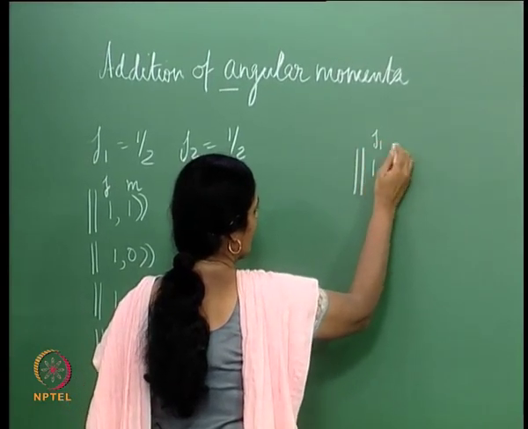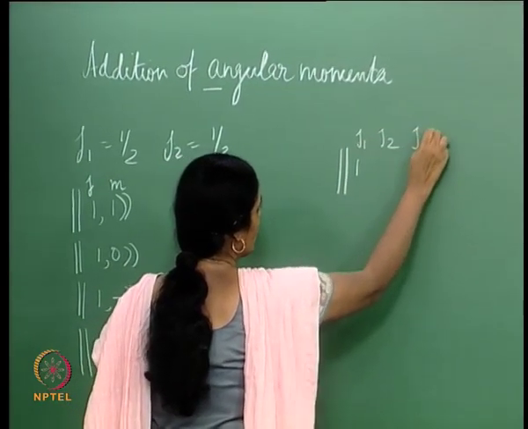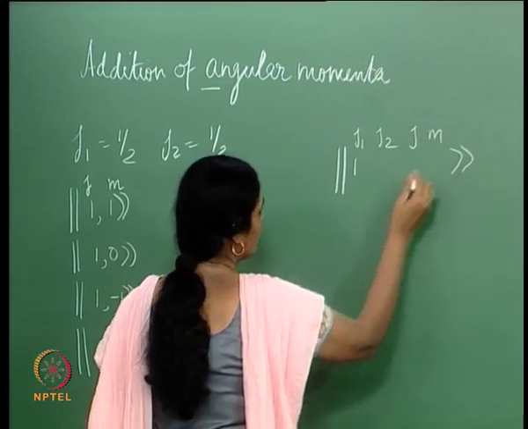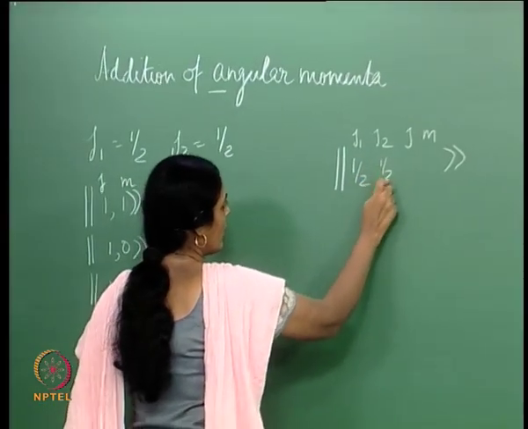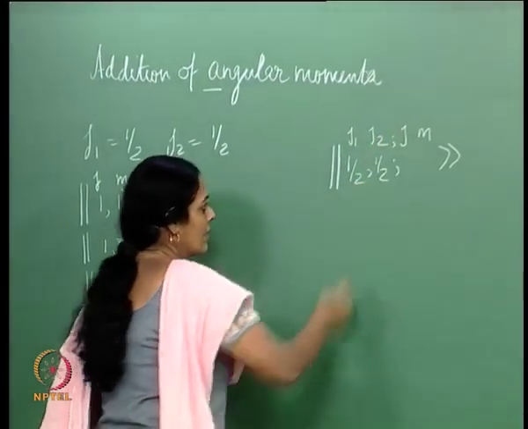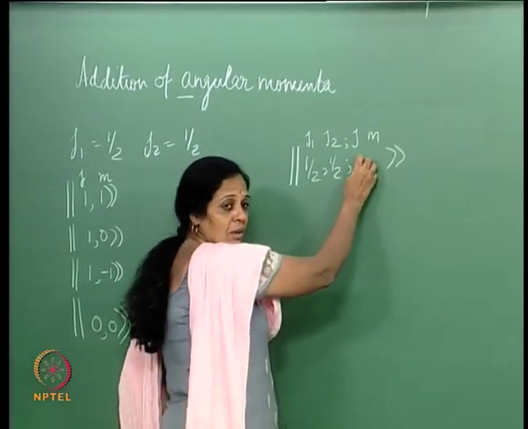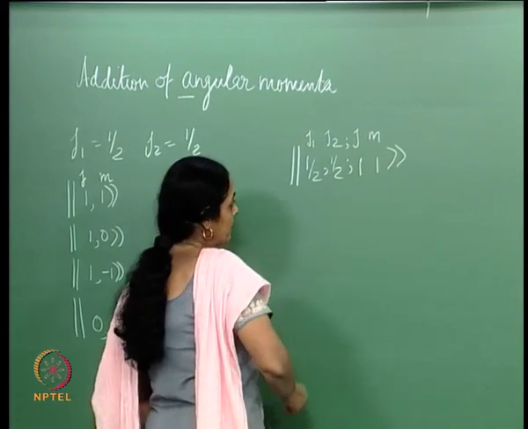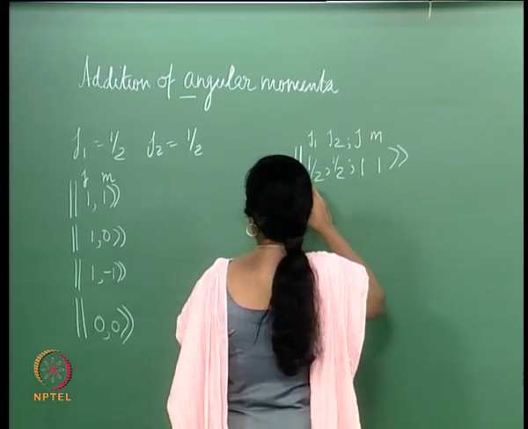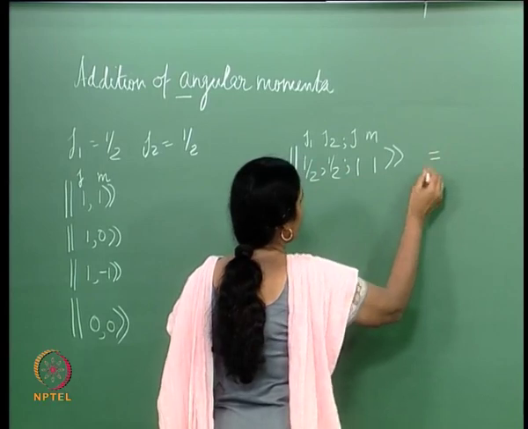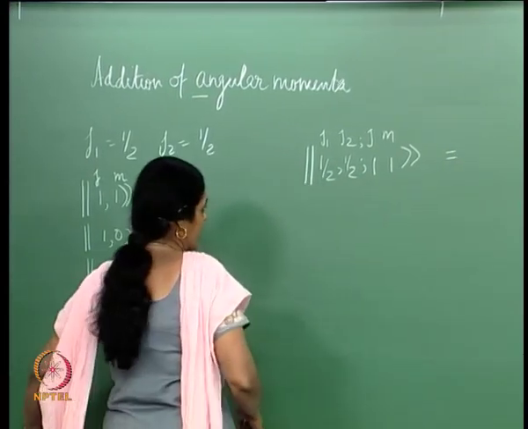Suppose my notation is J1, J2, J, M for the coupled basis. J1 and J2 are anyway fixed as half and half. J is 1 and M is 1. Now this state can be written in terms of the uncoupled basis states.